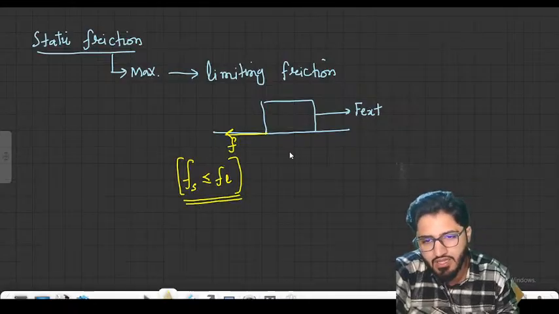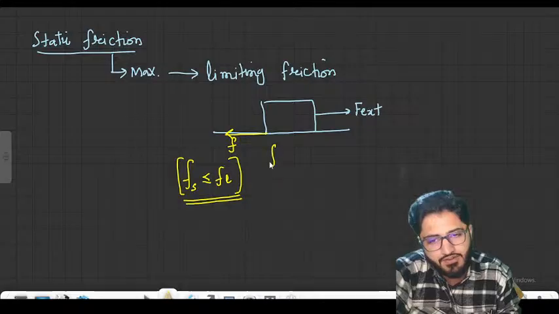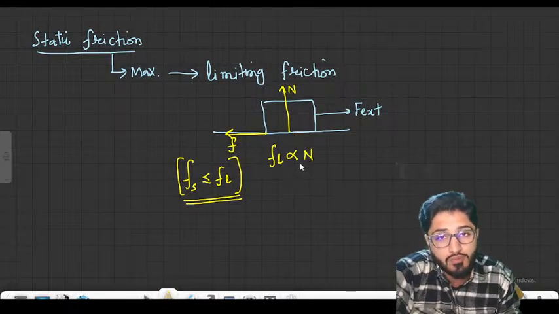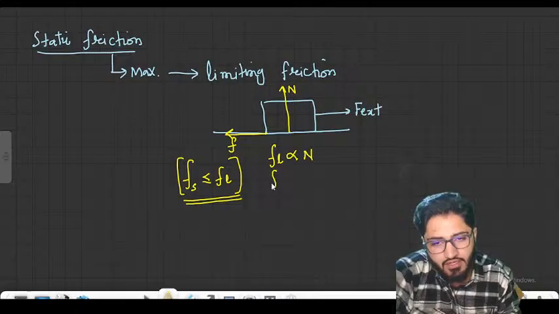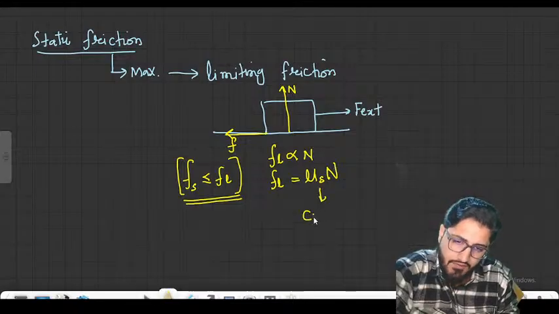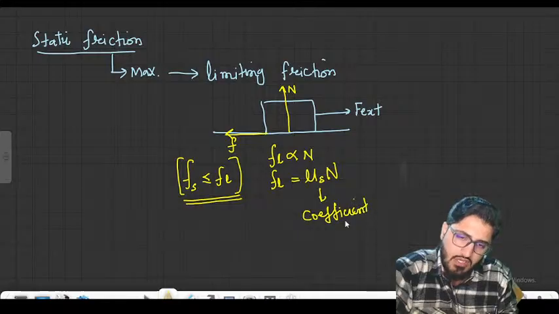And what is limiting friction? Limiting friction is directly proportional to the normal reaction force. It is equal to mu s times N, where mu s means the coefficient of static friction.